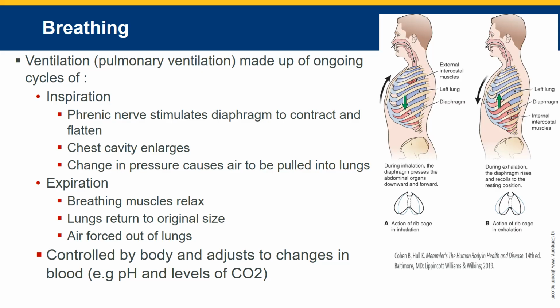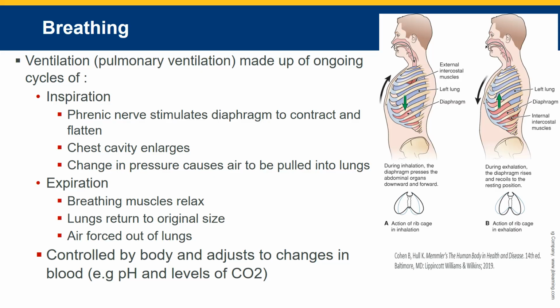So that's what happens. So if you breathe in really deeply, you feel your chest opens up, right? And then expiration, breathing muscles will relax, the diaphragm relaxes, lungs are allowed to move back to their normal size, and that will cause air to be expressed out of our lungs. And that goes on all day, every day, constantly.